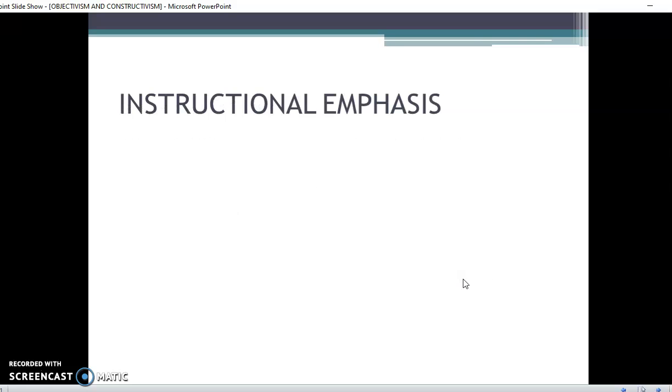Now, after students' role, let us see how the next criterion, instructional emphasis, differentiates constructivism from objectivism.